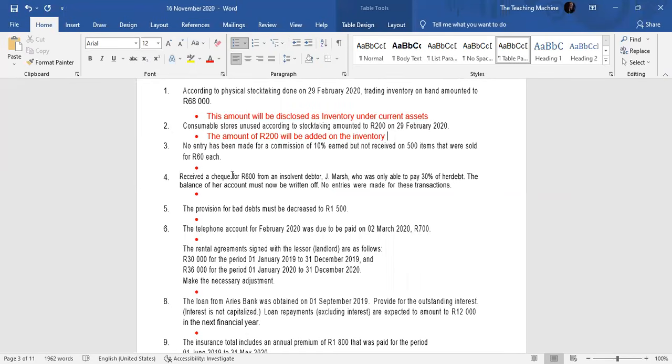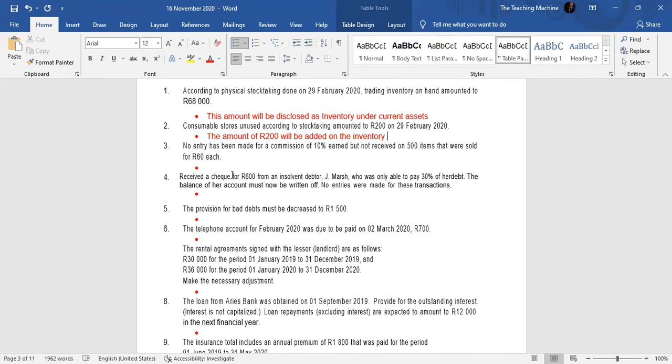Okay, so if we analyze this transaction, we can clearly state that there's a commission income that is involved, but now information says it was earned but not received. It was earned but not received. What comes to your mind? Accrued income. What is accrued income? Income that has not yet been received.